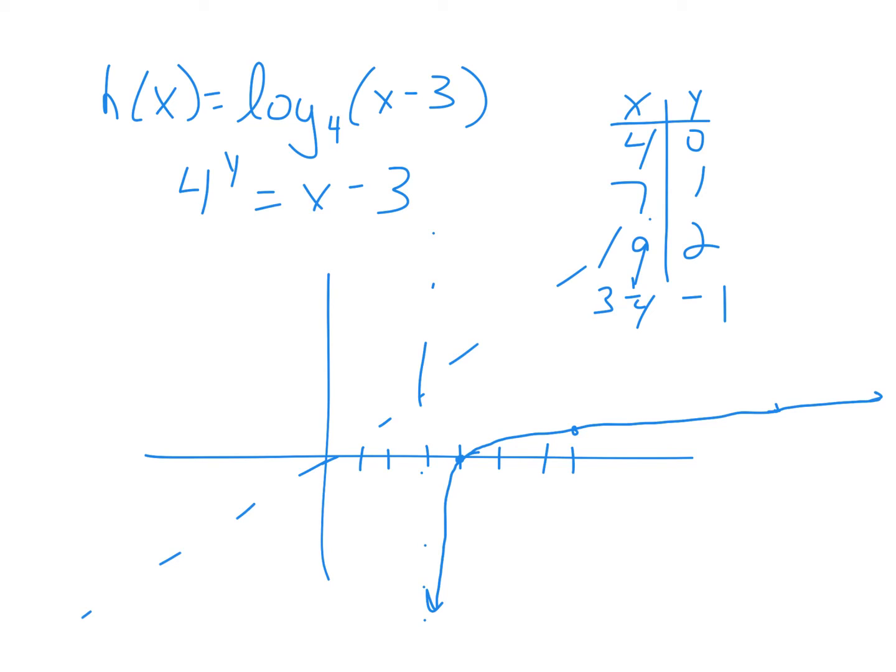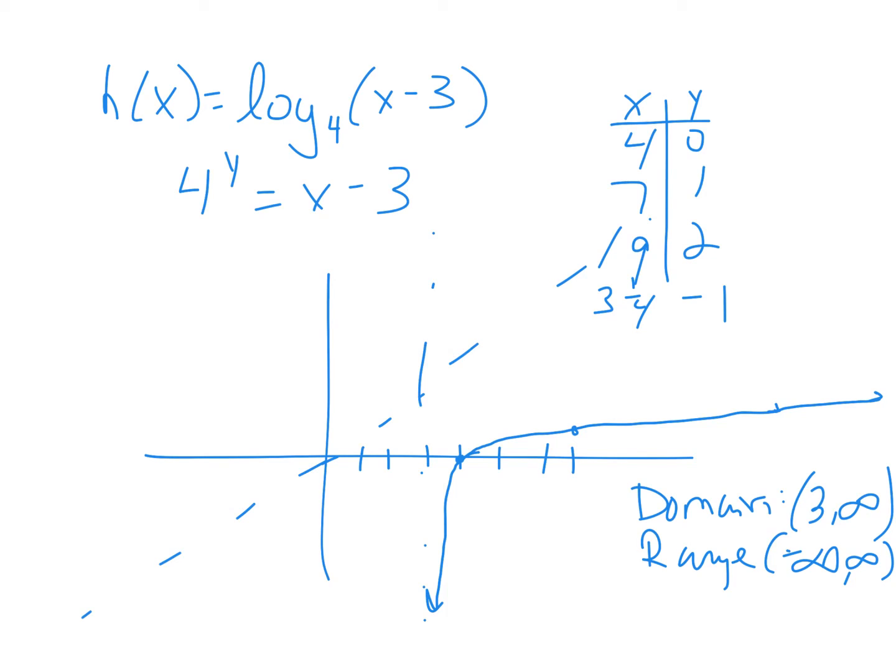So let's talk about some other things like domain and range. What's domain? Well, domain can't be anything less than 3. It can't include 3, right? So it'll be 3 to infinity. Range, even though it doesn't look like it, it will hit every y value eventually. It may take a long time, but it's going to be all real numbers, negative infinity to infinity.